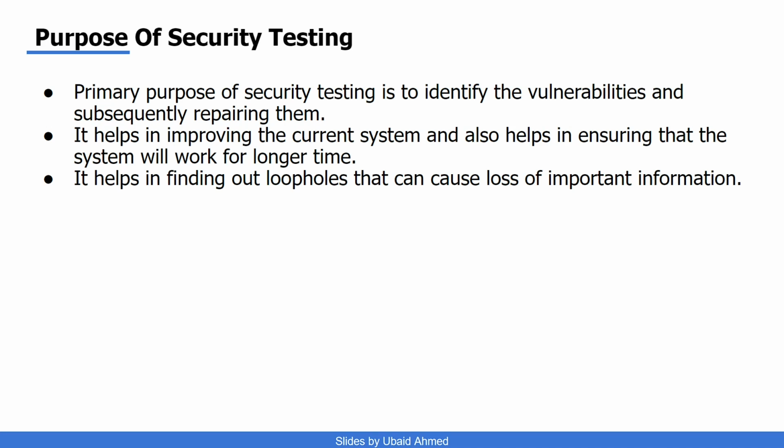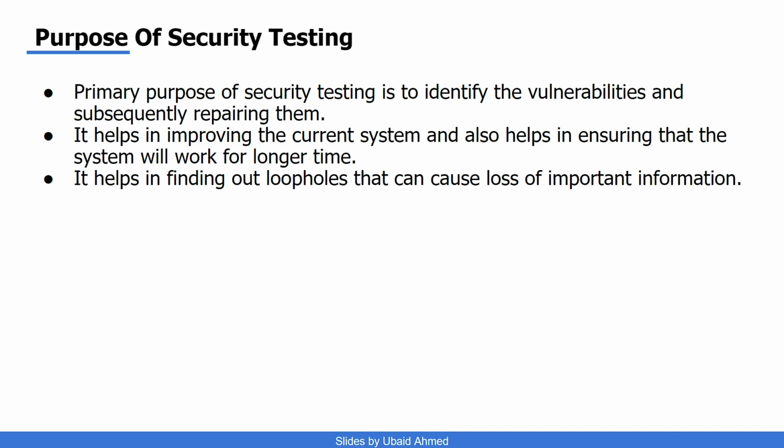So the primary purpose is to find those vulnerabilities and subsequently repair them. Now it helps in improving the current system. If you are finding a vulnerability and remediating it, then you are improving whatever system is in existence. And if those vulnerabilities are fixed and the system is improved, definitely the durability of the system will increase and it will work for a longer time.